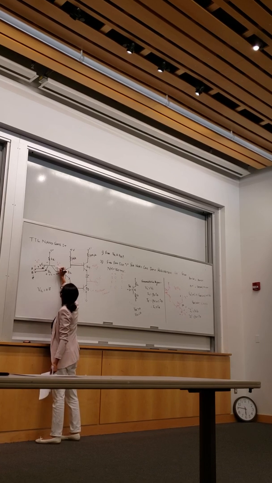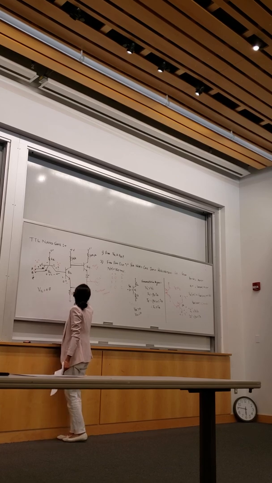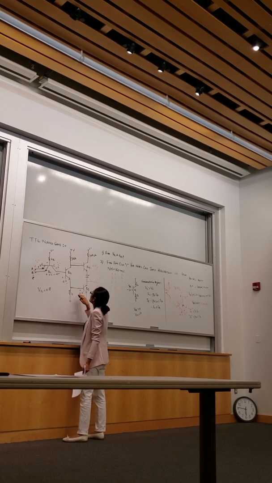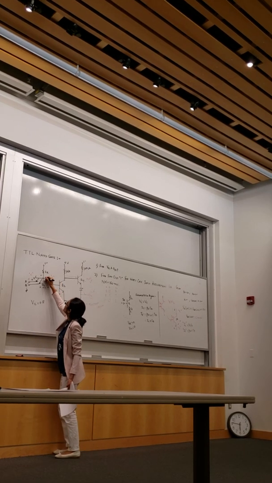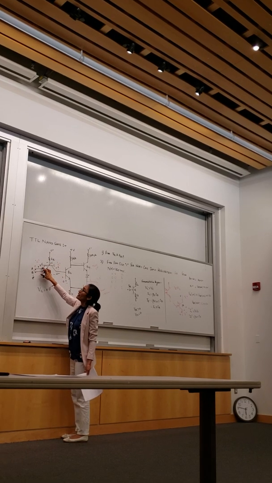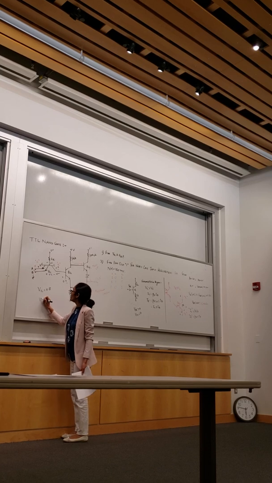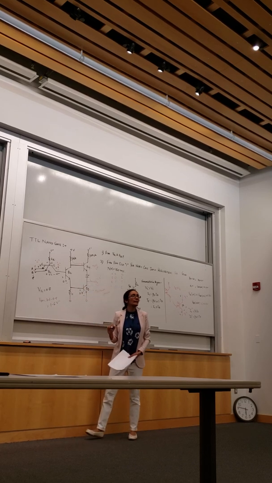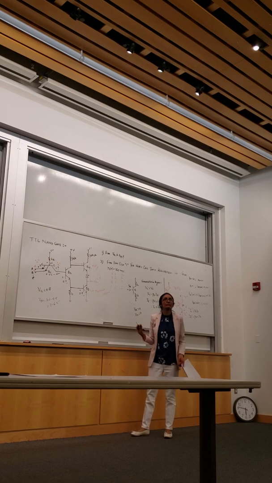Base emitter, 0.7. This is 0.7 on, this is 0.7. So 0.7, 0.7, 0.7. This base is sitting at 2.1. So input will be 2.1 minus 0.5. That's going to give you 1.6 volts. I'm sure you guys know this very well, right?